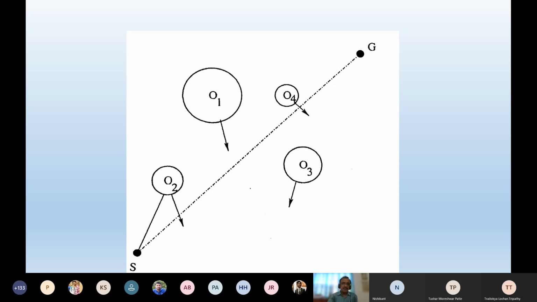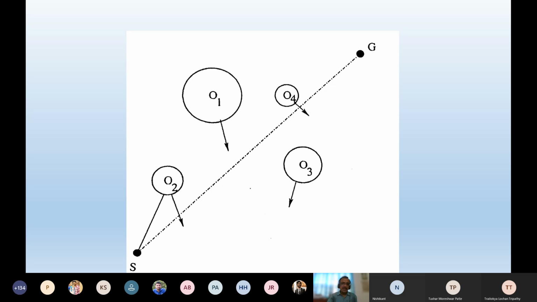Now the statement of the problem is such: supposing that I have a very hypothetical point robot, and S indicates the starting position of that point robot, and G is nothing but the goal of that point robot. Now, supposing that there are no moving obstacles in the environment, what is the optimal path in terms of the time taken?